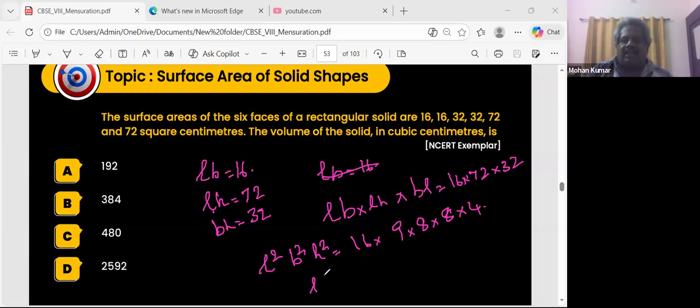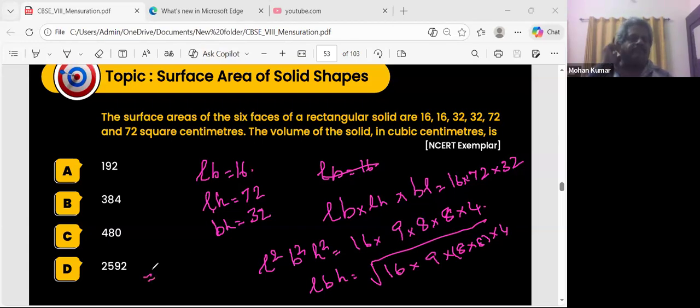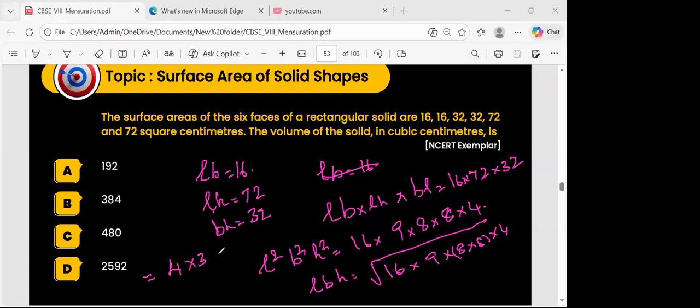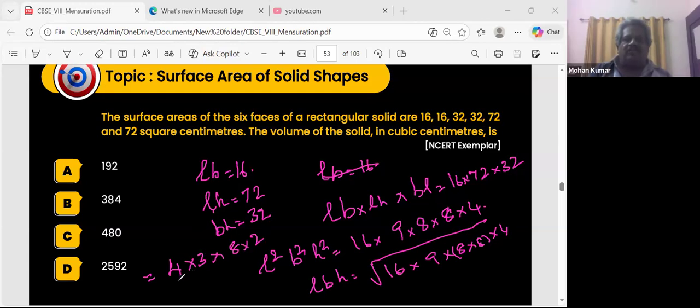So I'll get LBH equals root of 16 into 9 into 8 into 8 into 4, which looks like 4 into 3 into 8 into 2. Sir, is the answer A?